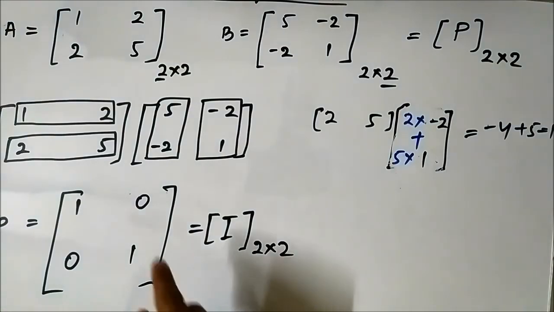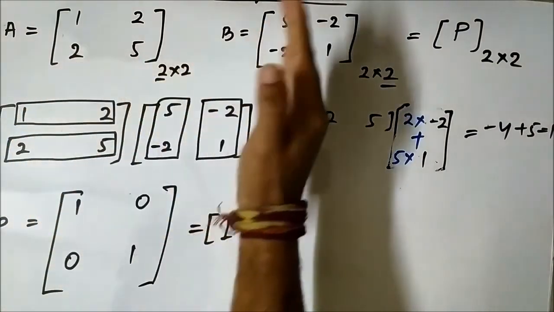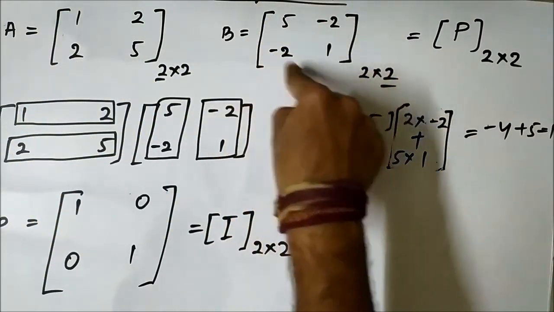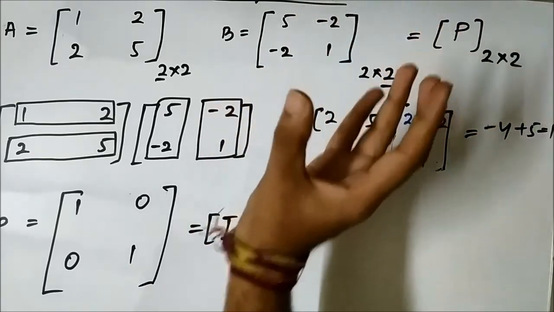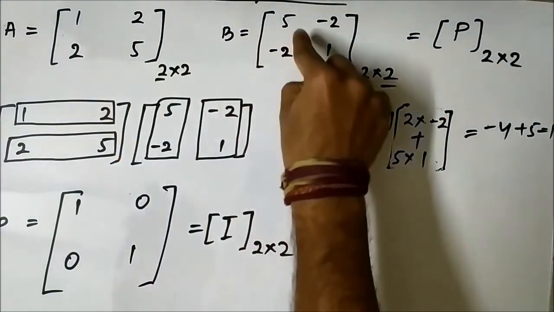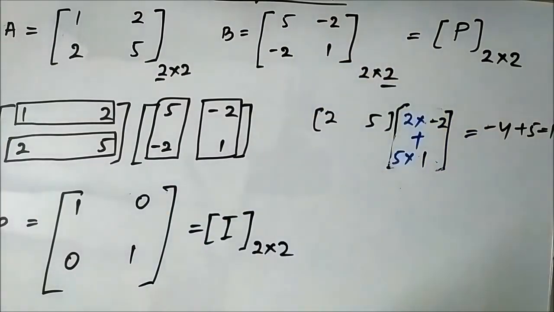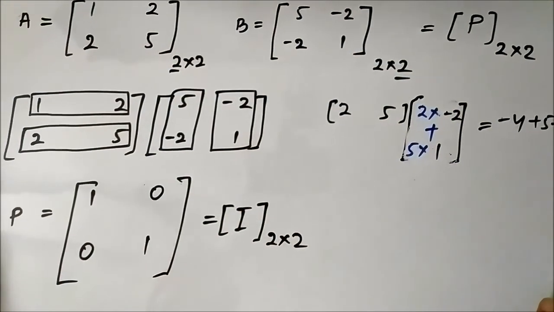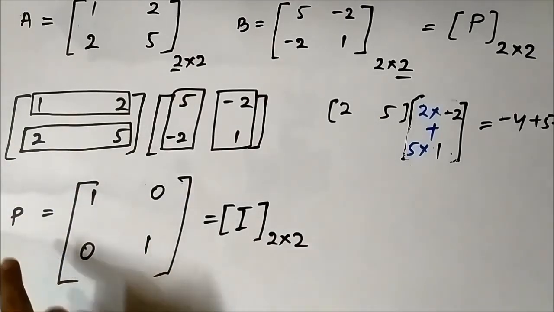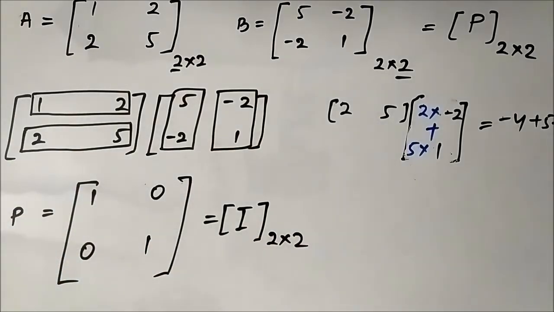Then the second row matrix is multiplied with each column matrix, 5 minus 2 and minus 2, 1. Then the product terms are added and we get the respective elements of the resultant product matrix. This is how the matrix multiplication operation takes place.